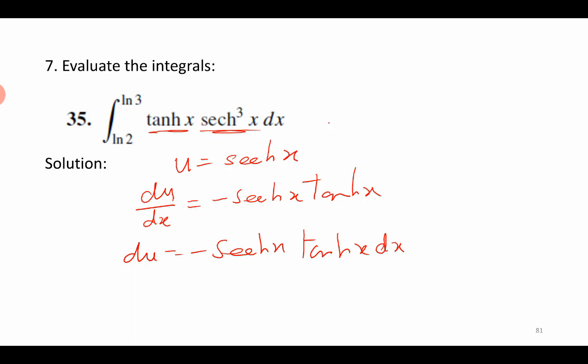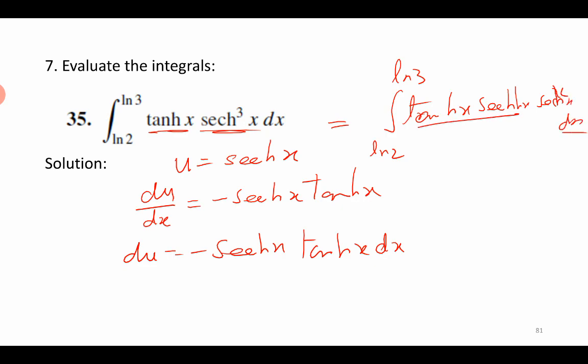So this will be rewritten as the integral from ln 2 to ln 3. You want to change the limit? No, we won't change it. We'll be back to this one again. So this term can be written as tan hyperbolic x secant hyperbolic x and then secant hyperbolic square x dx.